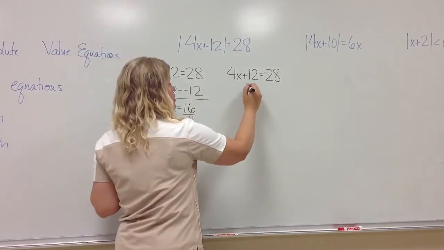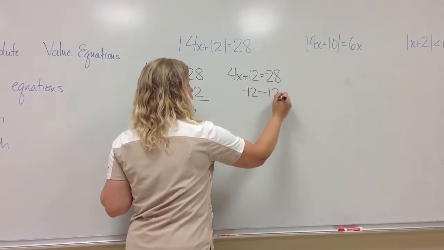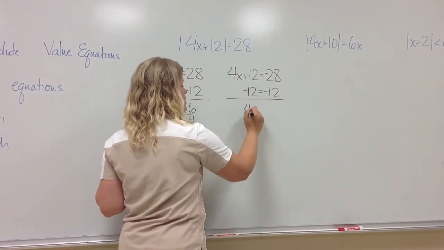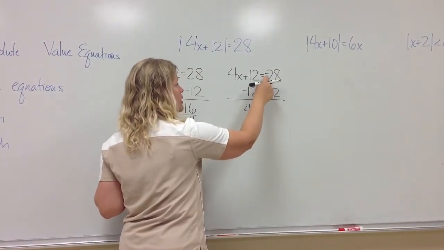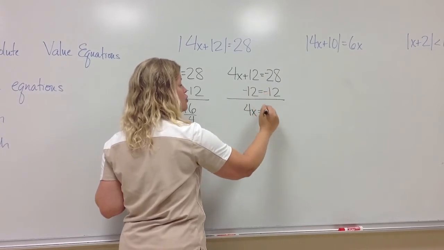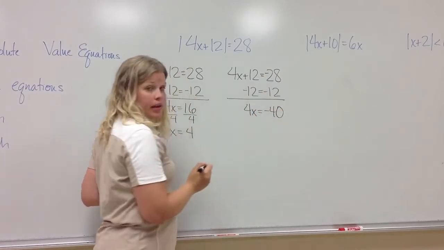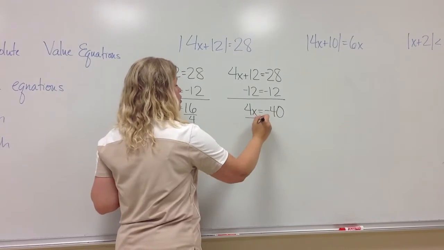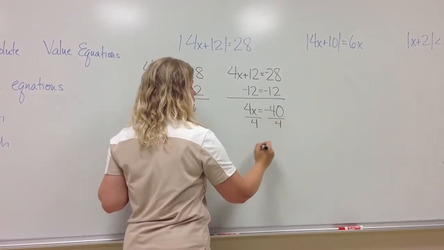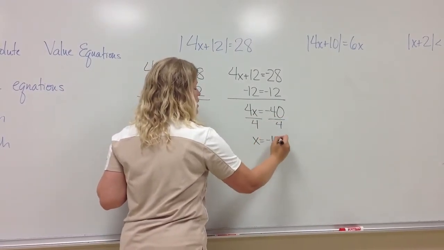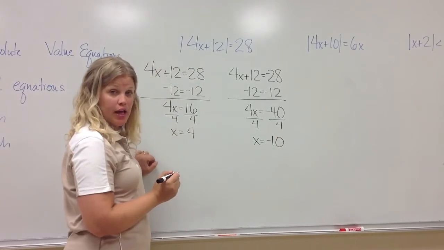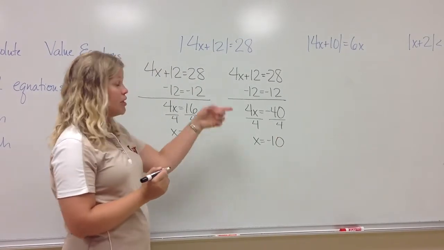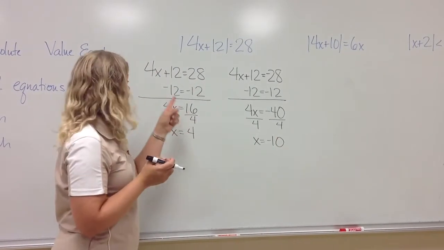What would we do first? We subtract 12. This time, you still have 4x, but -28 minus 12 is now -40. We're going to go ahead and divide by 4 to get the x by itself, and we get x equals -10. Okay? Notice the steps we did are the same.